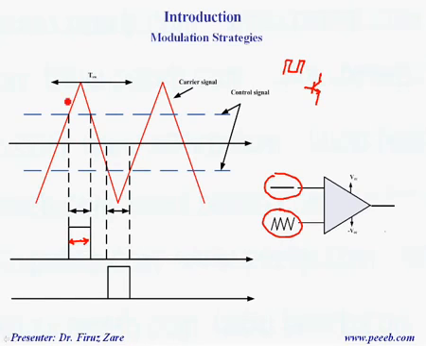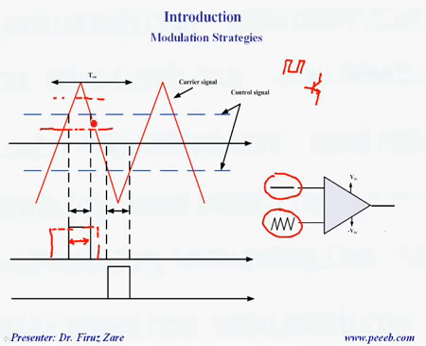That means by increasing or decreasing the DC voltage, we can get a wider pulse. So this is one method that we can control the pulse width for some applications.